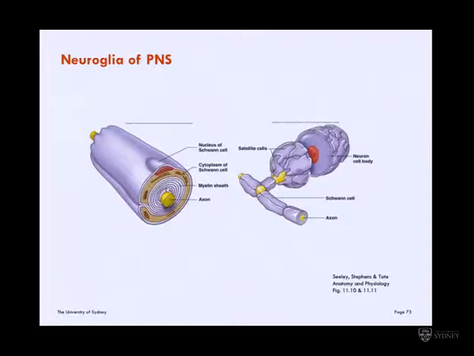And as you can see, what these cells do is that they start by wrapping around the axon, okay, and then they keep pushing their cytoplasm around the axon. So the cytoplasm consists of the lipid bilayer, not the cytoplasm, sorry, the cell membrane.